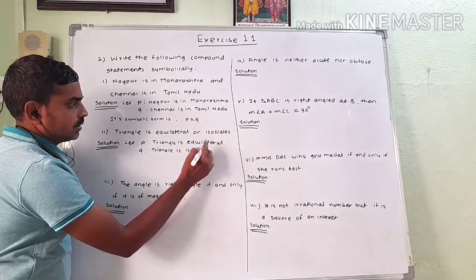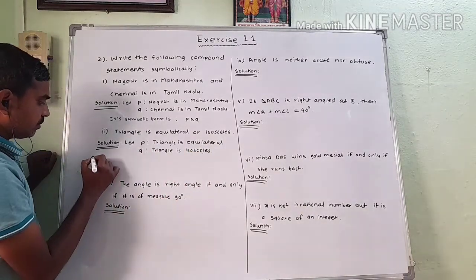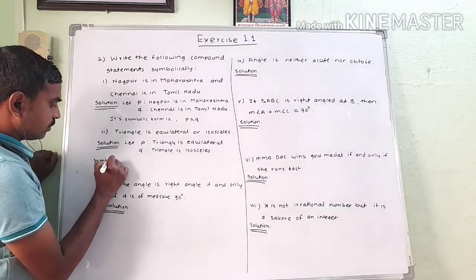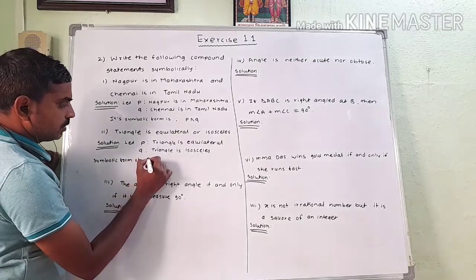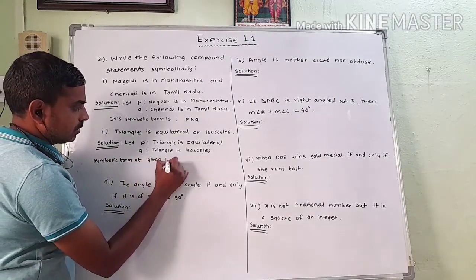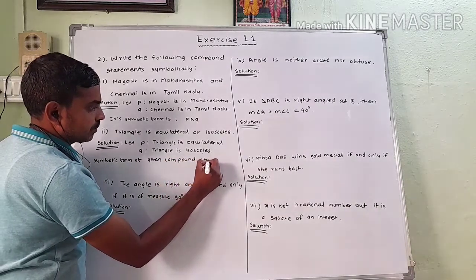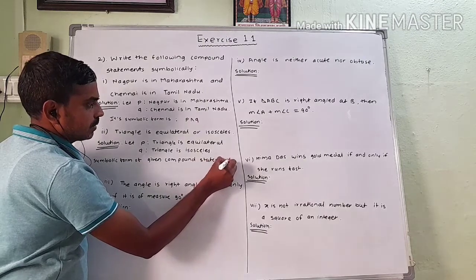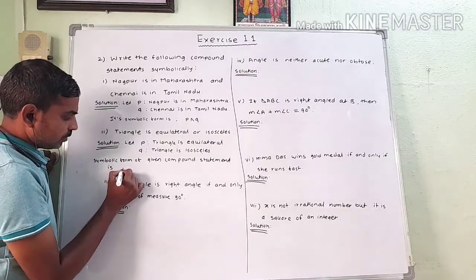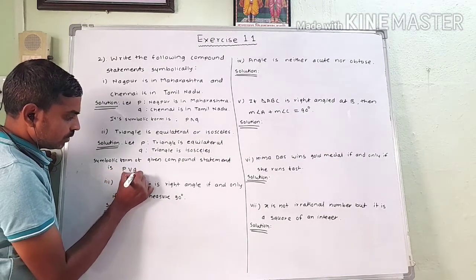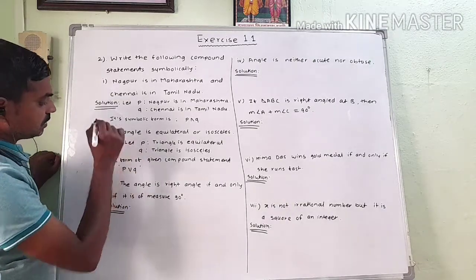So the symbolic form of the given compound statement is, here or is there, therefore the symbolic form will be P or Q. Here we have to write disjunction. This is the solution of the second example.